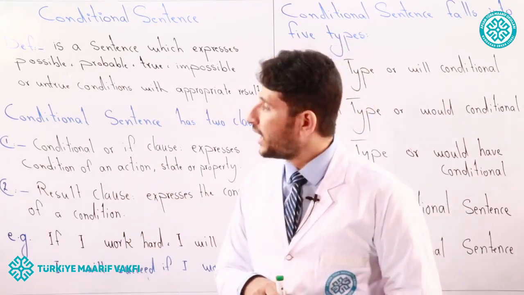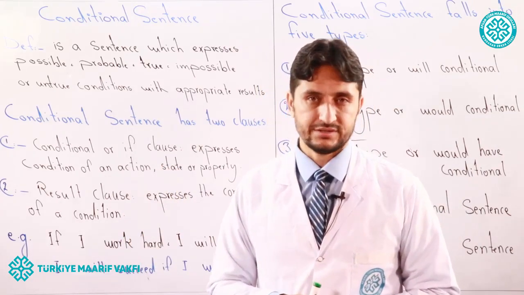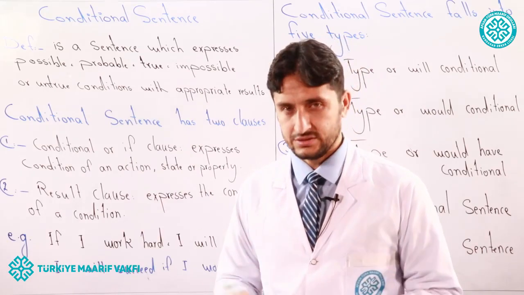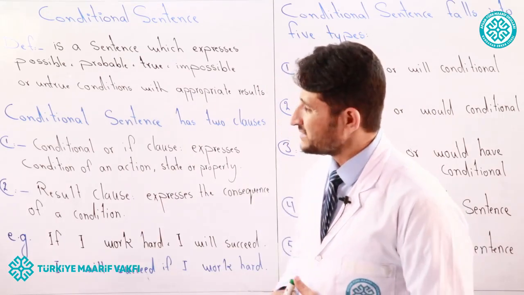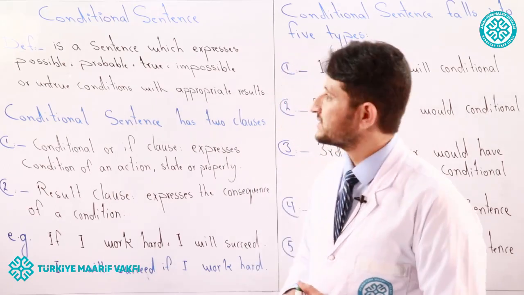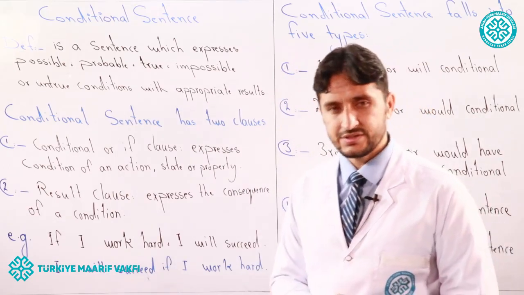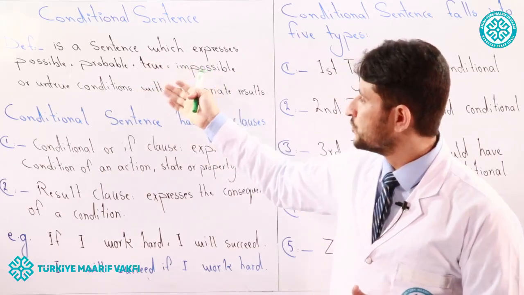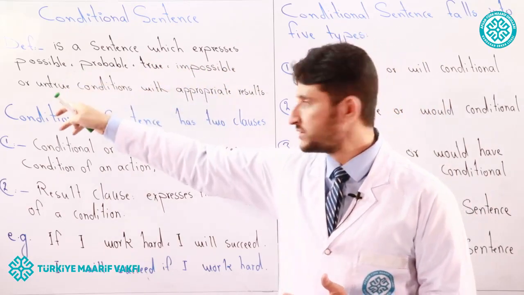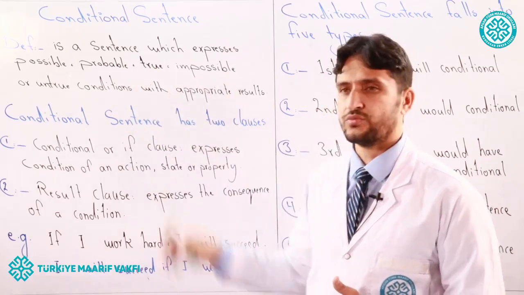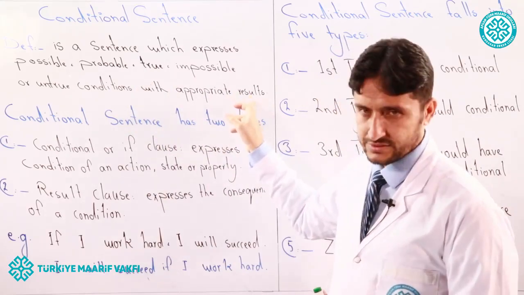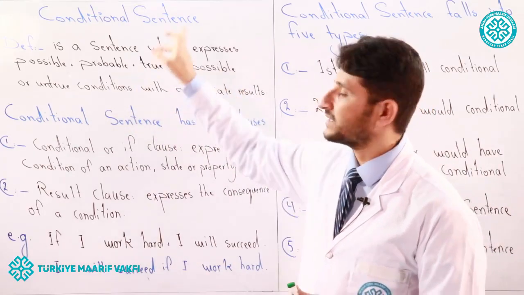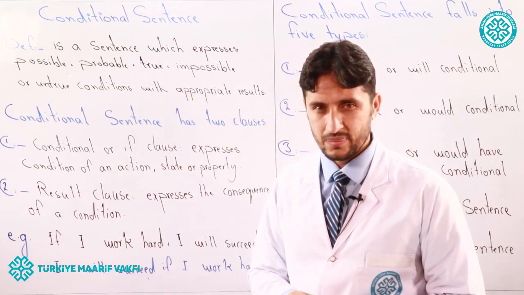First, how do we define conditional sentence? Conditional sentence is defined as a sentence which expresses possible, probable, true, impossible, or untrue conditions with appropriate results. It's called conditional sentence.